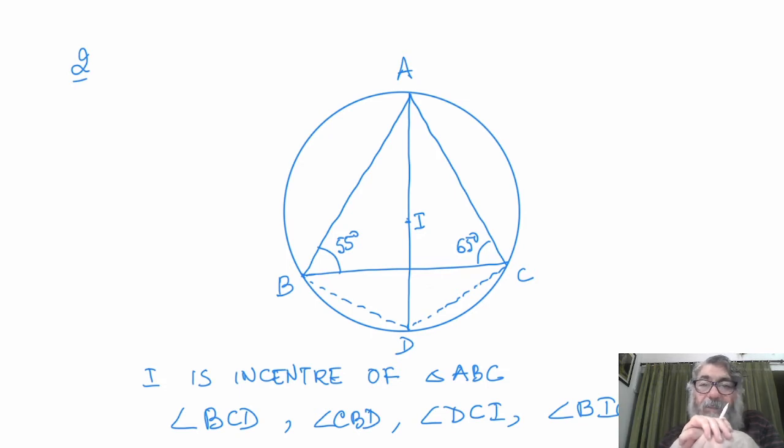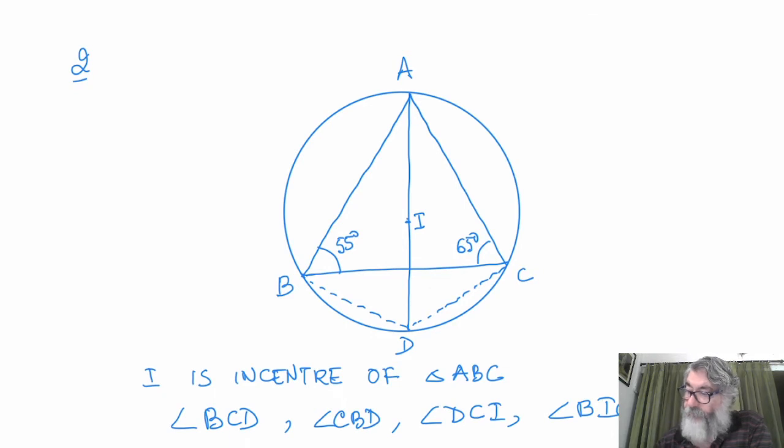But here, the incenter is the point where the bisectors of the angles meet. I is the incenter of the triangle ABC. I is the point where the bisectors of angles A, B and C meet, they are coincident at I.